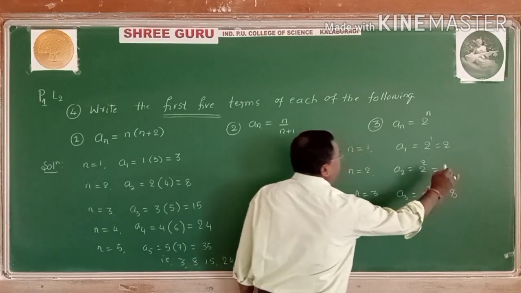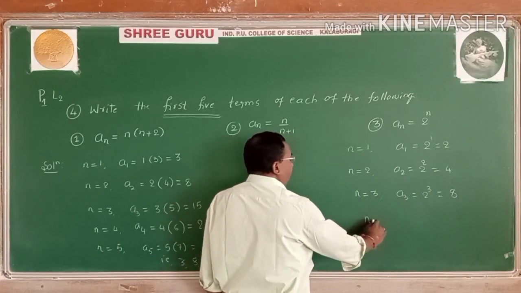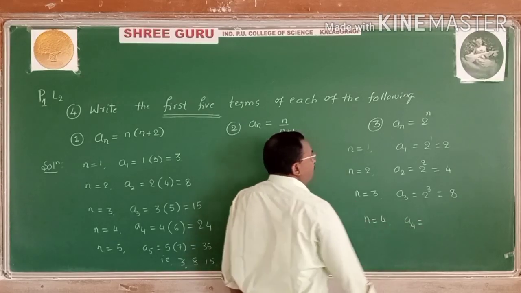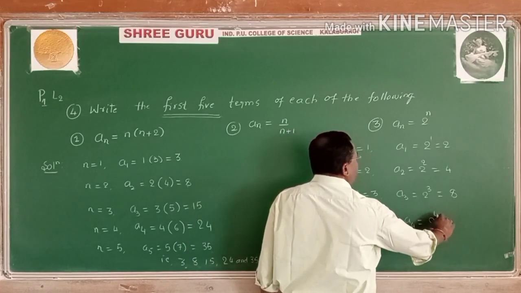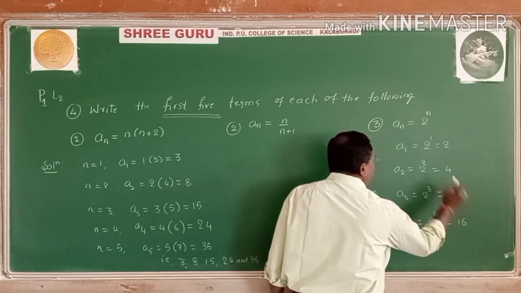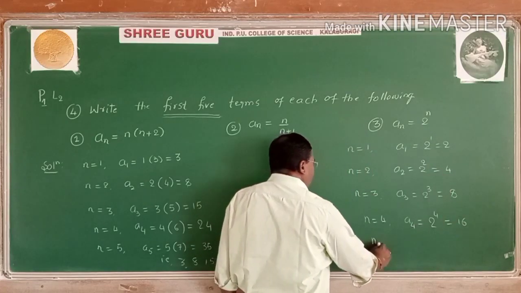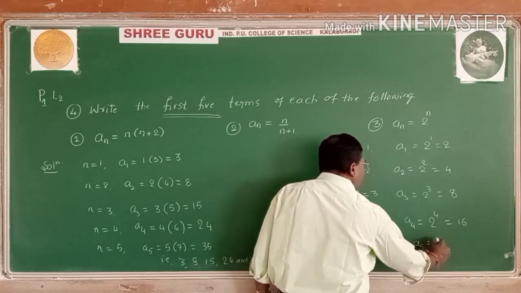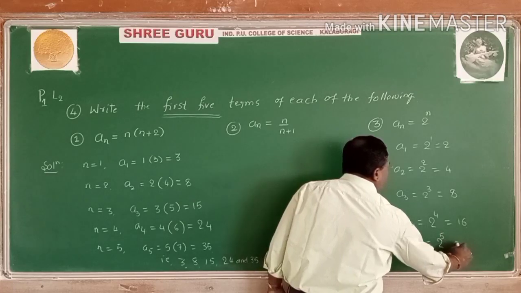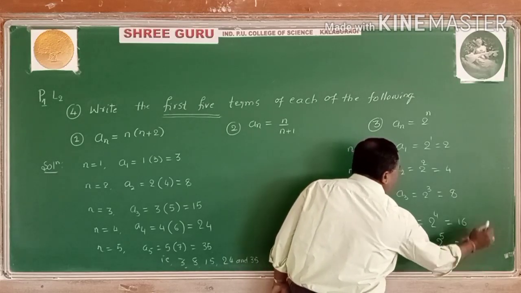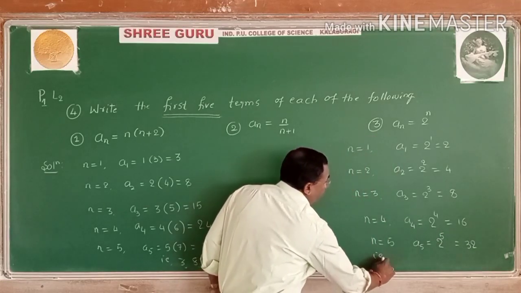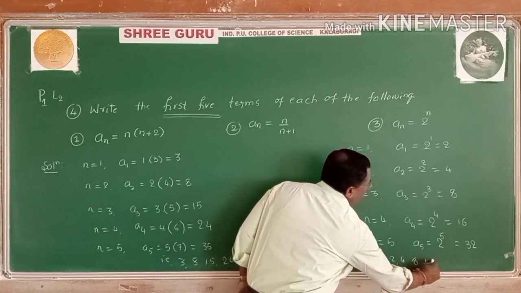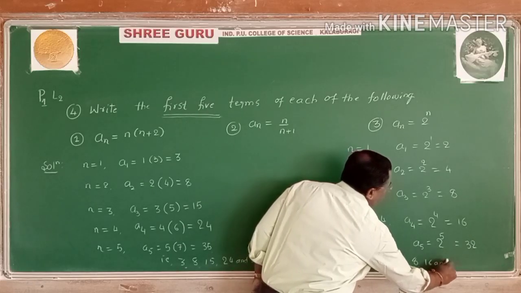Then n is equal to 4, a4 is the fourth term, 2 to the power 4, value is 16. Then n is equal to 5, a5 is the fifth term, 2 to the power 5 is 32. The corresponding sequence is 2, 4, 8, 16 and 32.